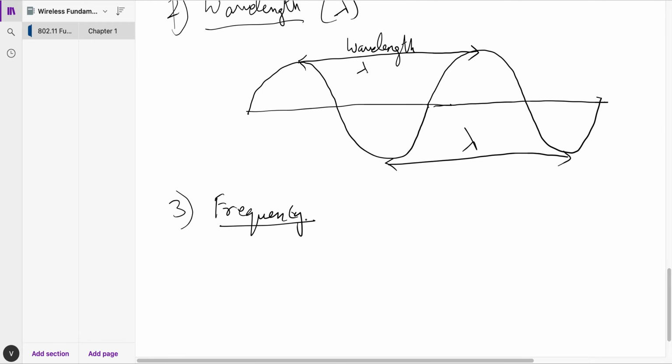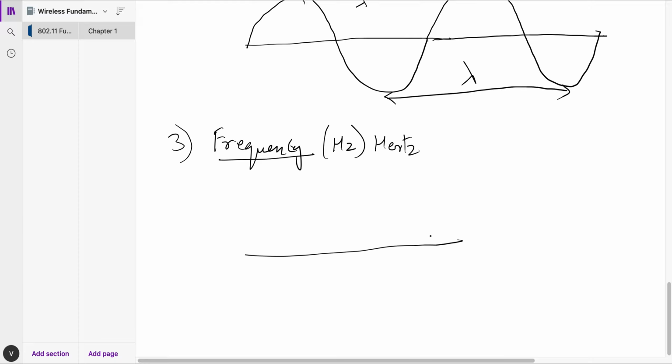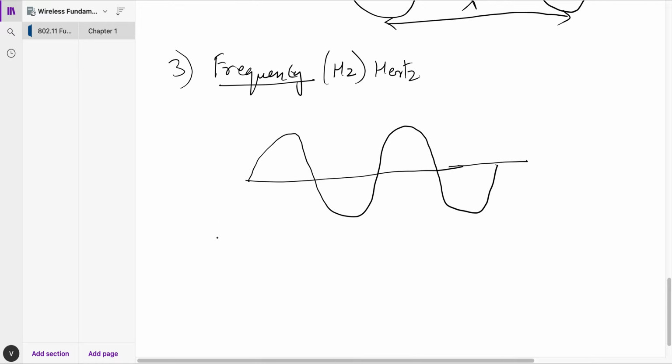frequency, which is represented as hertz, Hz. Now, frequency is nothing but how many times a signal repeats itself in 1 second. That's the cycle of a signal. When we talk about 1 hertz, we say 1 cycle per second.